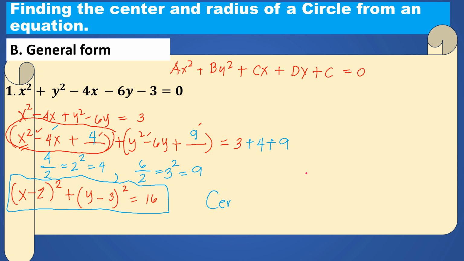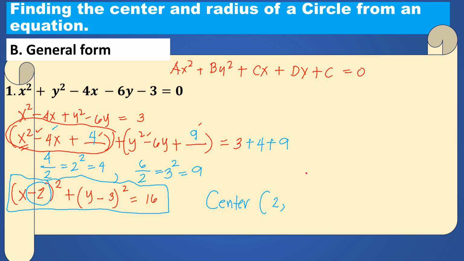So our center will be, okay, our term next to x is the x coordinate of our center, and it's negative 2, and its additive inverse is 2, and then y minus 3.